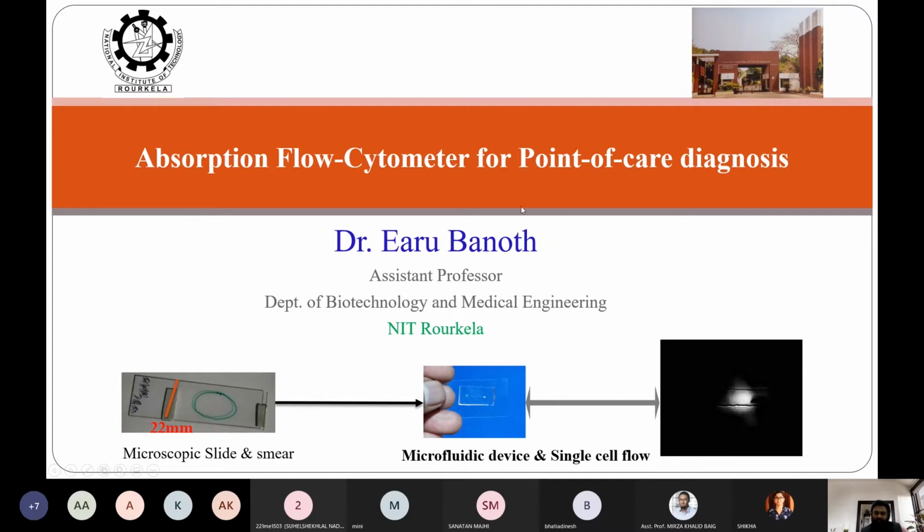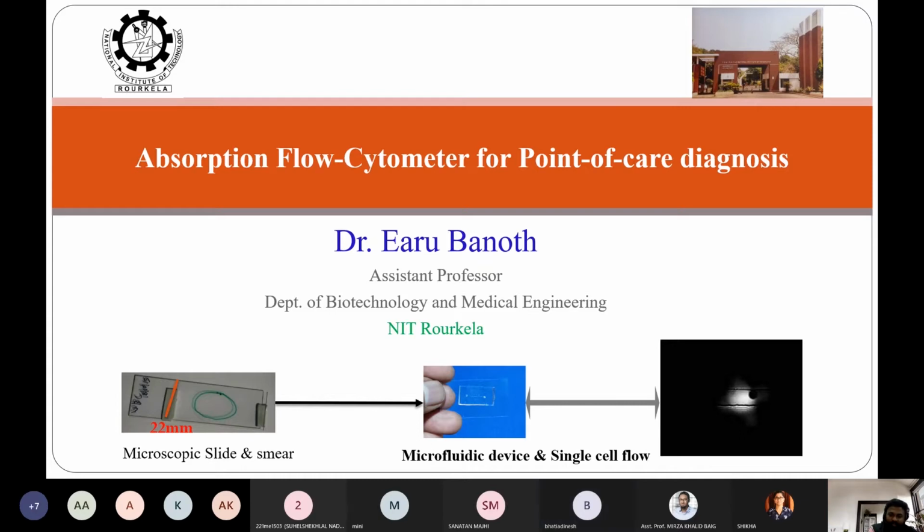As we know, most of the diagnostic instruments you can see in the diagnostic centers, and how do they generally work, right? Mostly we have different types of instruments available in the same place, and if you are sick with a fever or some other disease, we go there and give the blood sample, right?